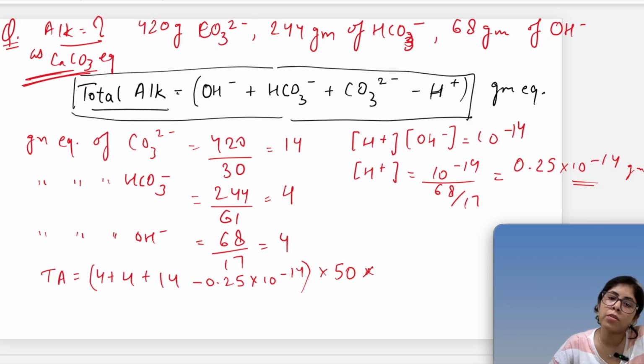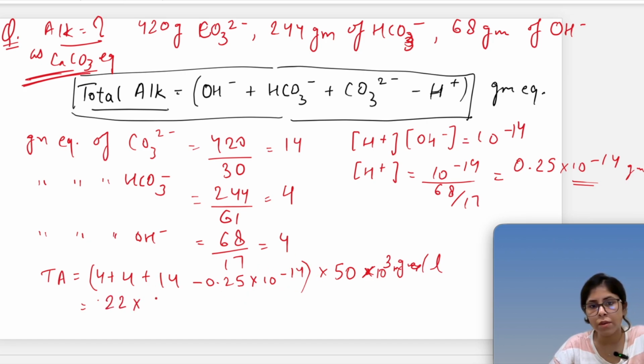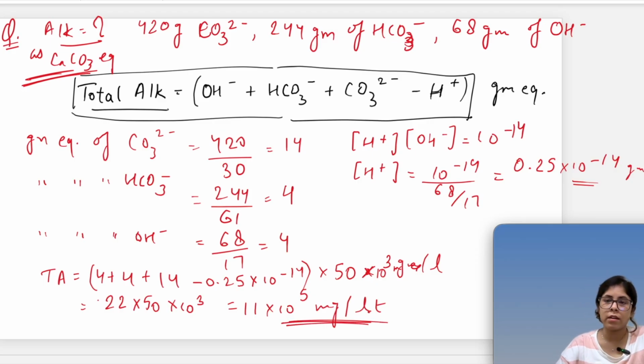It will come into grams per liter, but the concentrations are very low, so let's convert into milligram per liter. So this comes as 14 plus 4, 18 plus 4, 22 minus 0.25 into 10 to the power minus 14. Do you understand? The number is very small. So can I simply say 22 into 50 into 10 to the power 3? It's 11 into 10 to the power 5 milligrams per liter. So this is the alkalinity.